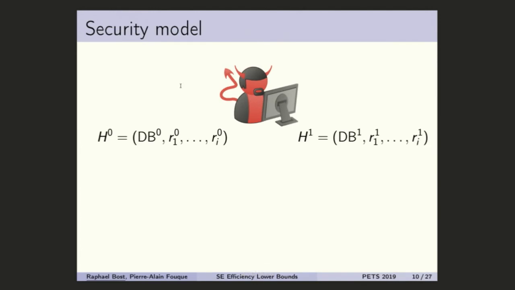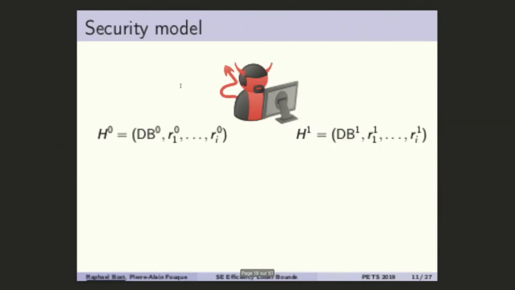So essentially, this is a very quick presentation of the security model. We have an adversary who chooses two histories, H0 and H1. And we want to be sure that they have the same leakage. So we have the leakage function L, and when the leakage function L is applied to these two histories, they are identical.